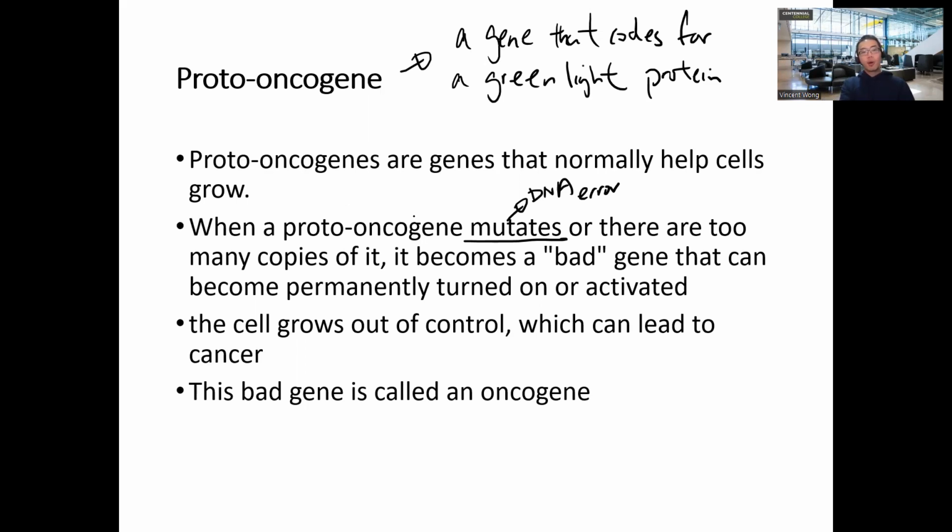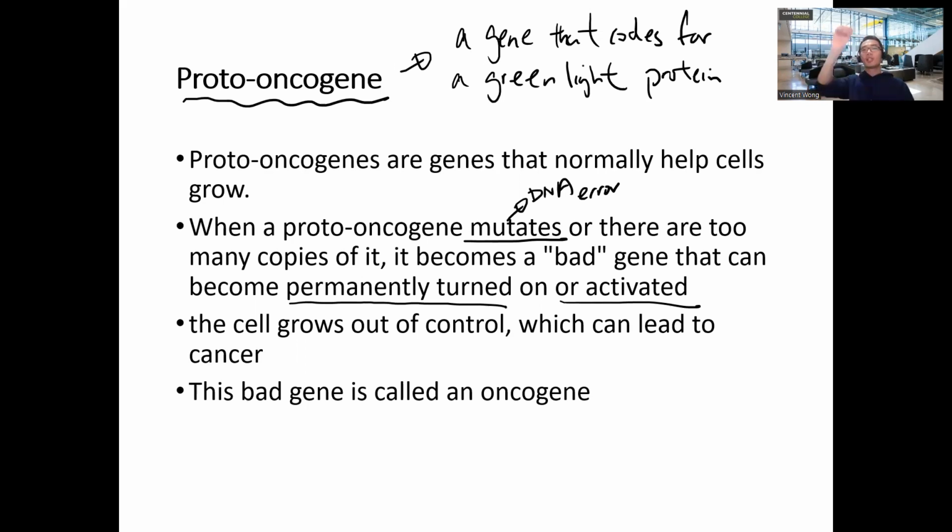So if you have a proto-oncogene that's mutated, or too many copies of it, then this proto-oncogene, which is normally a normal thing to have, is now going to turn bad. This bad gene becomes permanently activated, which means the green light is always on.